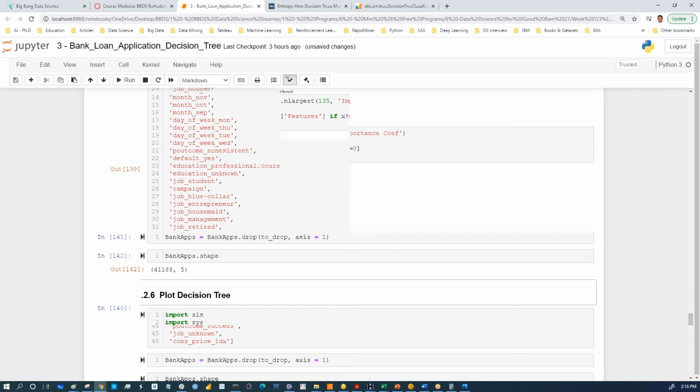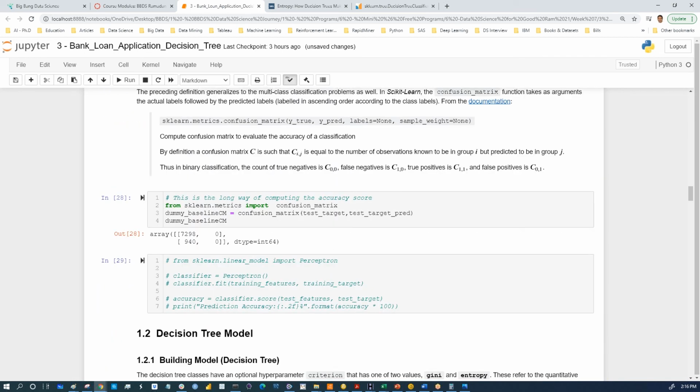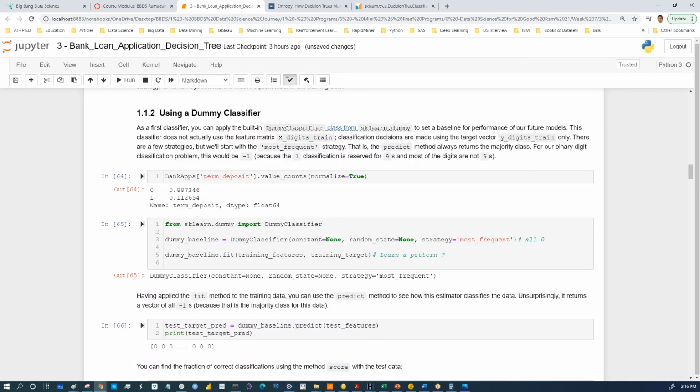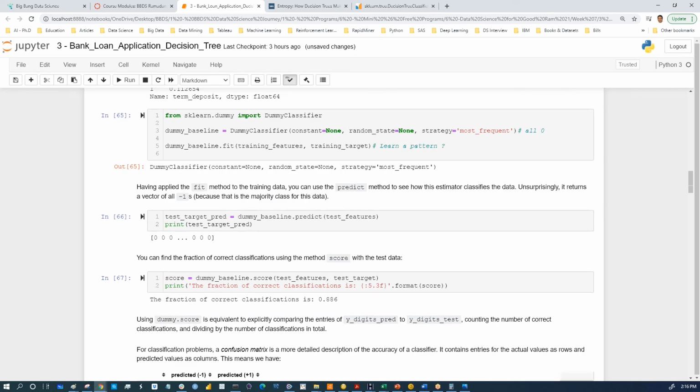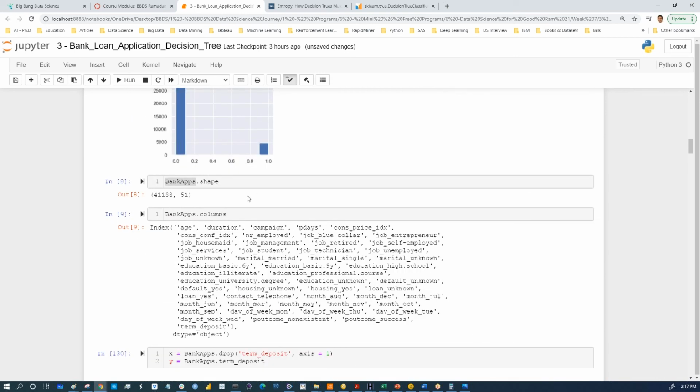Okay, and now let's go back and re-identify X and Y. Identify X and Y one more time.